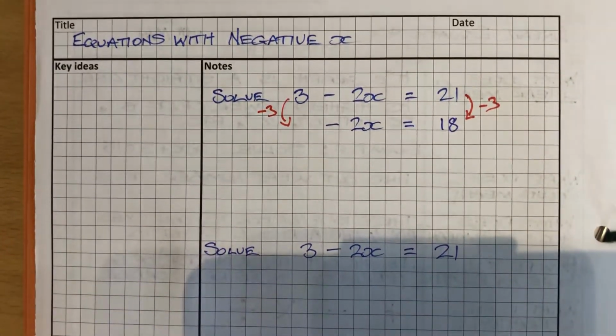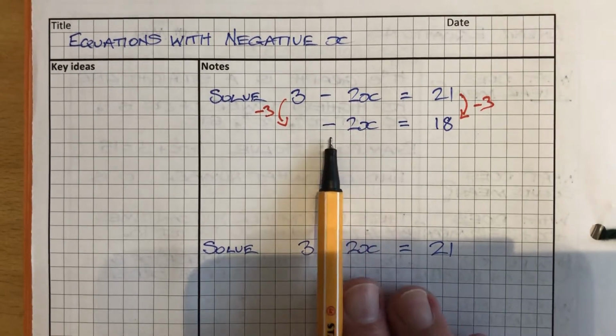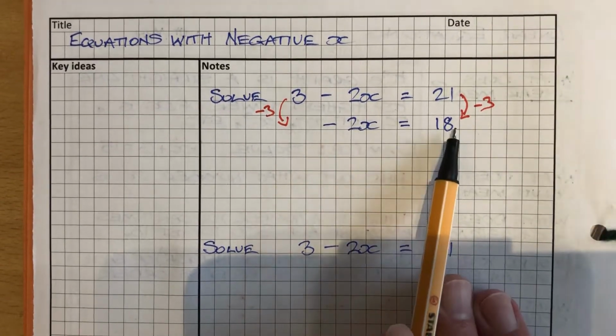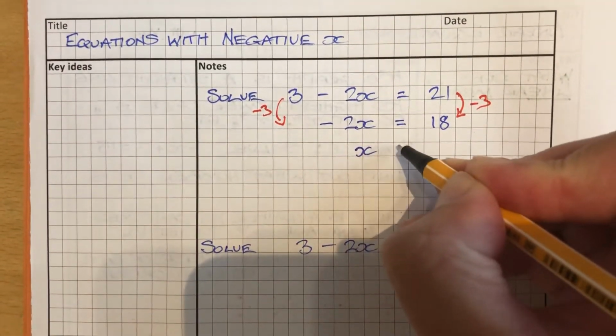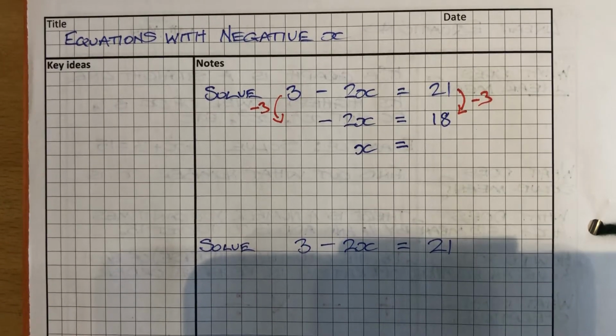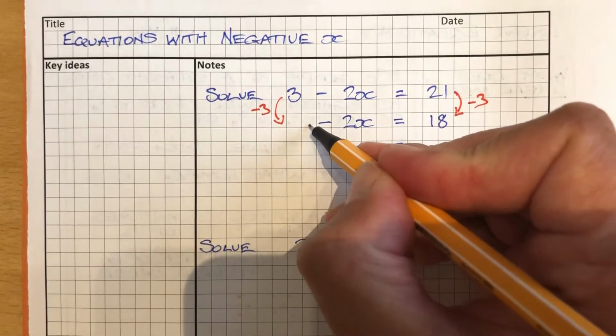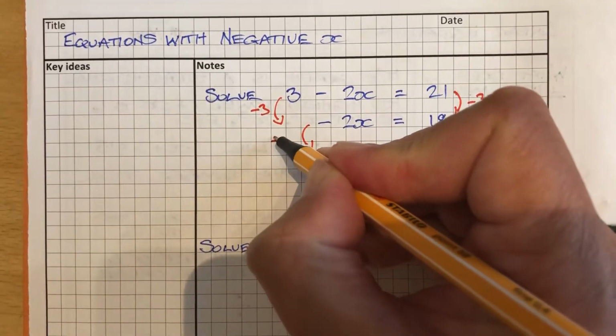Again, translate this. What does it say? It says a number multiplied by negative 2 makes 18. I don't want it multiplied by negative 2, so get it on its own. How do you get rid of that multiplied by negative 2? You do the opposite, the inverse to multiplied by negative 2.